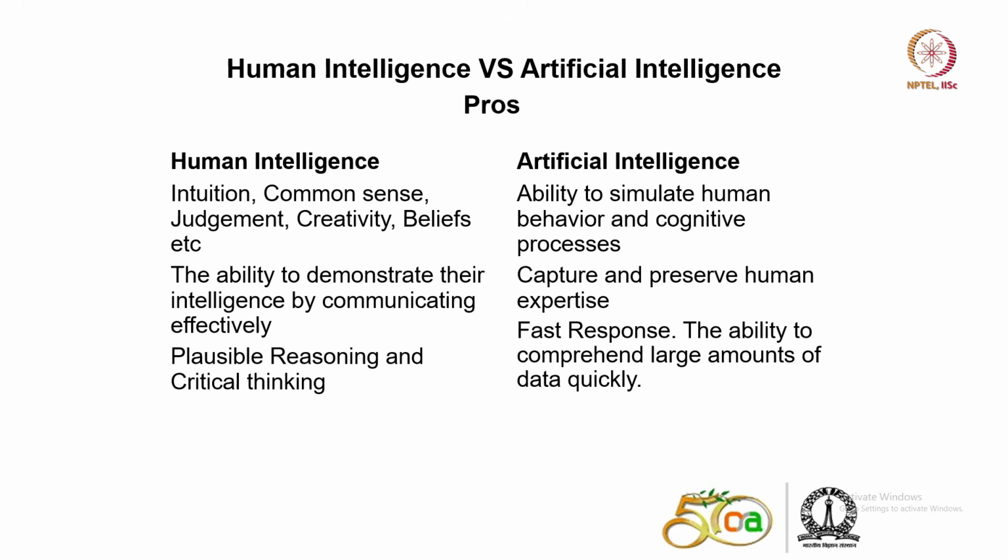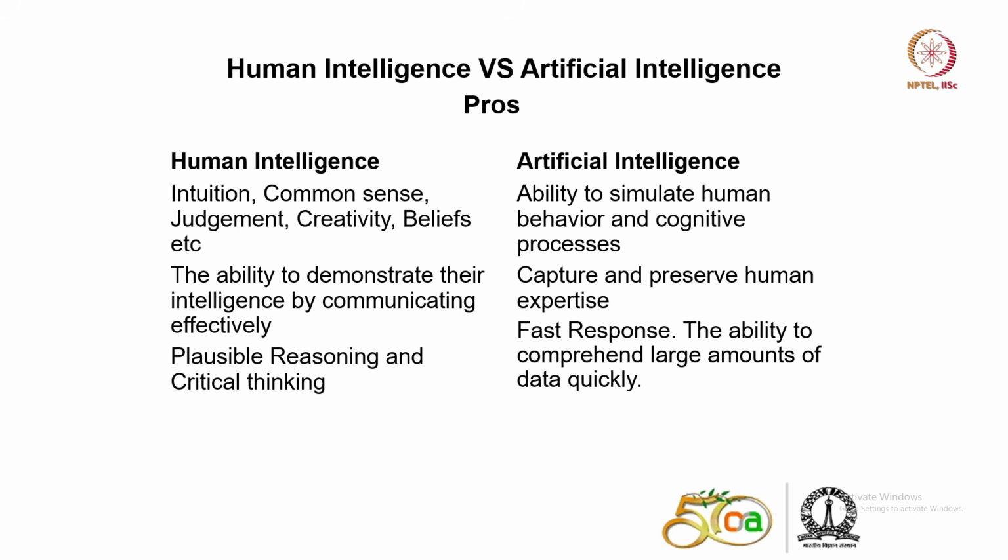Okay, so what are the pros and cons of human intelligence and artificial intelligence? So human intelligence, of course, we know what is human intelligence, okay. There's a lot of creativity, common sense, judgment, intuition, right, critical thinking, plausible reasoning, etc. And in the case of artificial intelligence, you find that there is a fast response, okay.